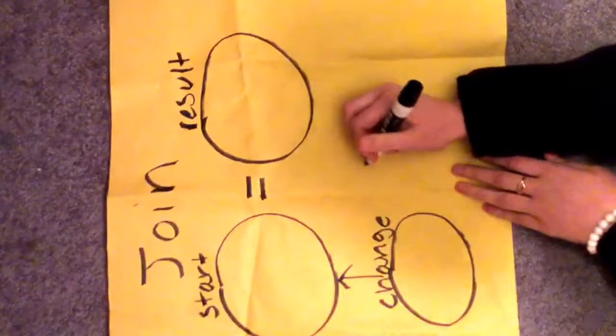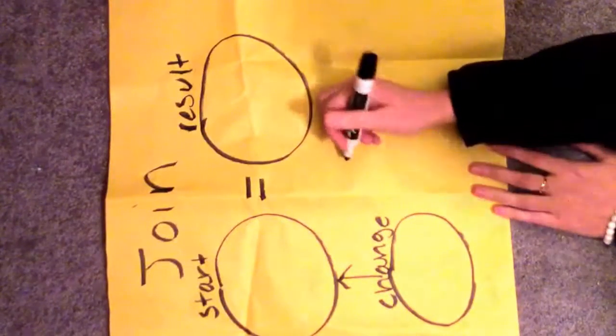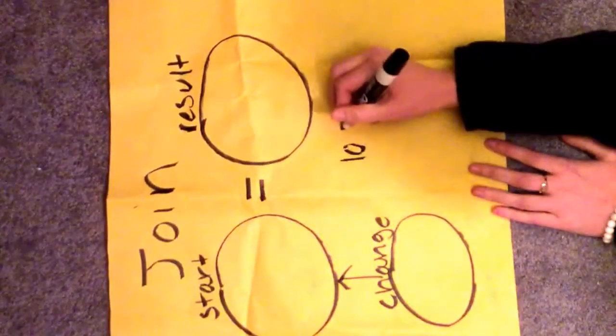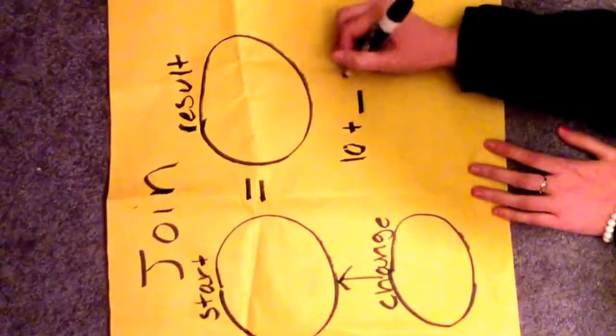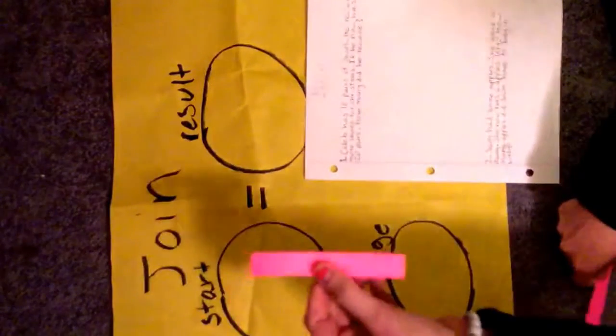So from our word problem, we know that our start is 10. So we are going to model that with our base 10s from our previous unit. So we have 10, which we know that one of these rods equals 10. So we put that there.